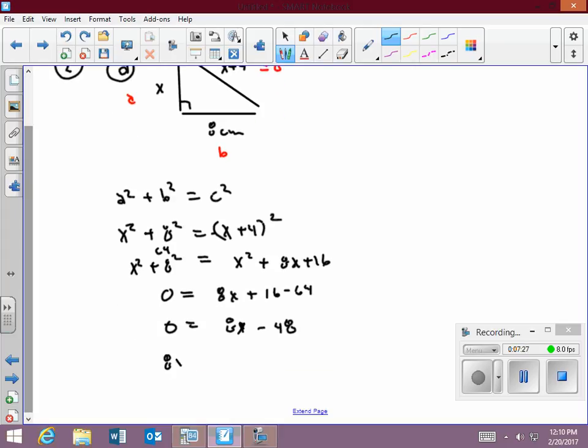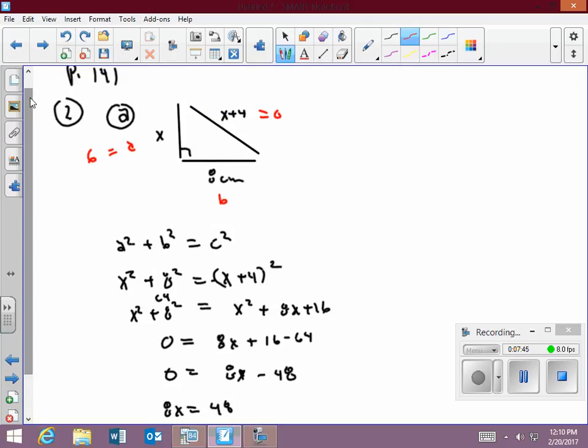So 8x equals 48. X equals 6, right? So then this side right here is 6, and this side is 6 plus 4. So our sides are 10, 8, and 6, in all centimeters.